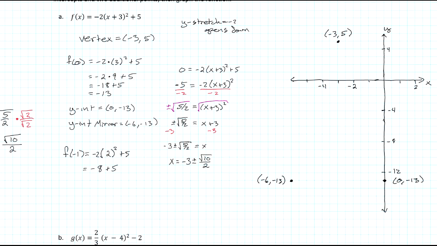So I need to add that 5, so this is -3. So we get the point -1, -3 is here. And this is going to have a mirror across that axis of symmetry there. So this is the point -5, -3.